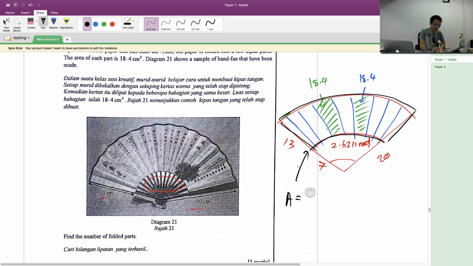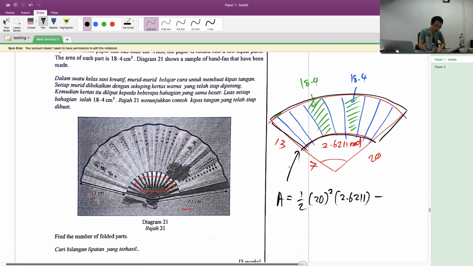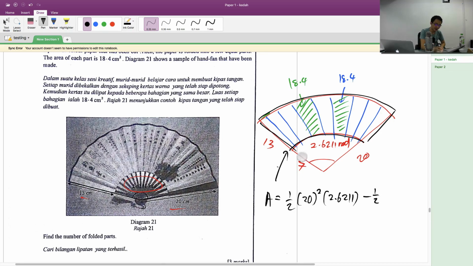The bigger sector will be half r squared theta, half times 20 squared times 2.6211, minus the smaller sector, which will be half times the radius 7 squared times 2.6211. Then we can get the middle part. So I use the calculator to do this.